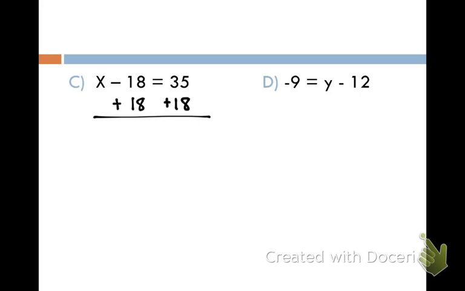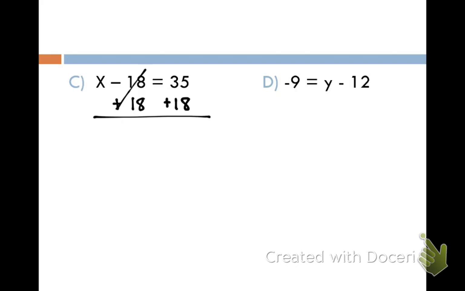As I just walked around and looked, a lot of you were subtracting 18. But remember, if over here you have negative 18 and you subtract 18, you're just going to get negative 36. But your goal is to get rid of everything to the left of that equal sign. So instead, what happens to negative 18 and positive 18? What is negative 18 plus 18?